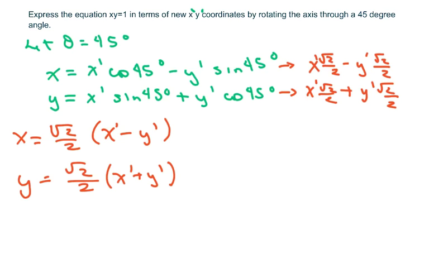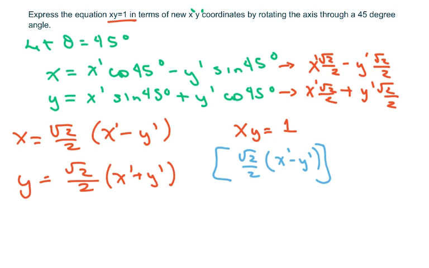Now we move on. I'm going to multiply these two because the equation says x times y equals 1. So I have square root of 2 over 2 times x prime minus y prime, times square root of 2 over 2 times x prime plus y prime.